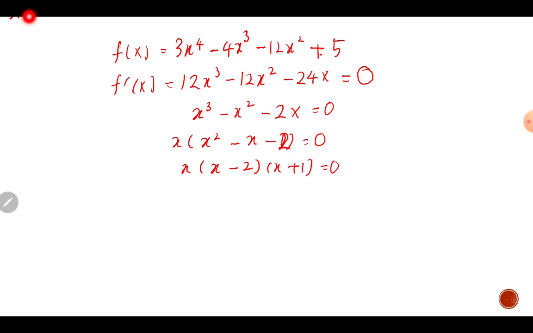Okay, so dari sini untuk determine dia punya interval whether it's increasing or decreasing, lupa nak bagi tahu tadi. First step kita tengah buat apa ni? We are trying to find its critical numbers. So we have how many critical numbers here? We have x sama dengan 0, x sama dengan 2, dan satu lagi x sama dengan negatif 1.